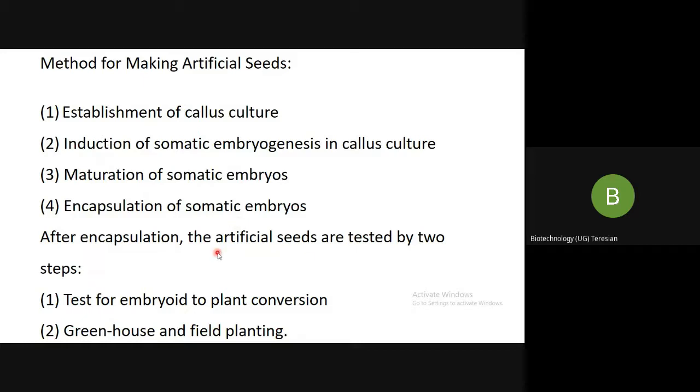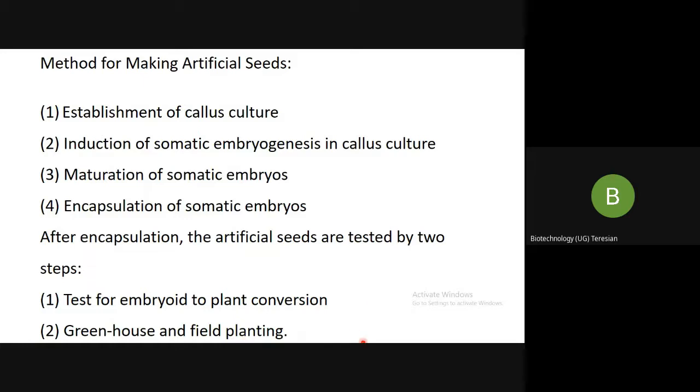After encapsulation, the artificial seeds are tested in two steps. Test for embryoid to plant conversion: see whether your embryoids are getting converted into the plant. That is the first and foremost thing you have to see. Then take them to the greenhouse and field planting. In the greenhouse you provide environmental conditions as similar to the natural environment, and see whether that plant is growing.